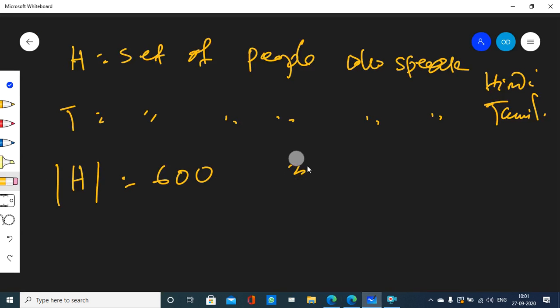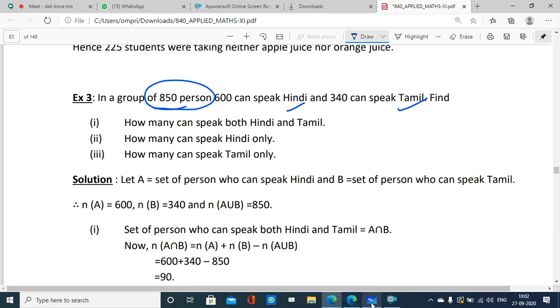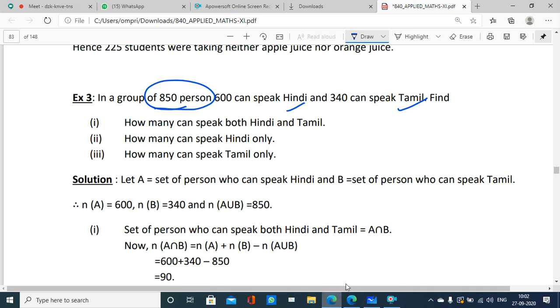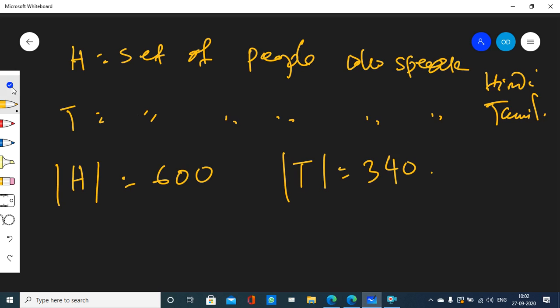So cardinality of T is 340. Now the question is, what is the cardinality of H union T?